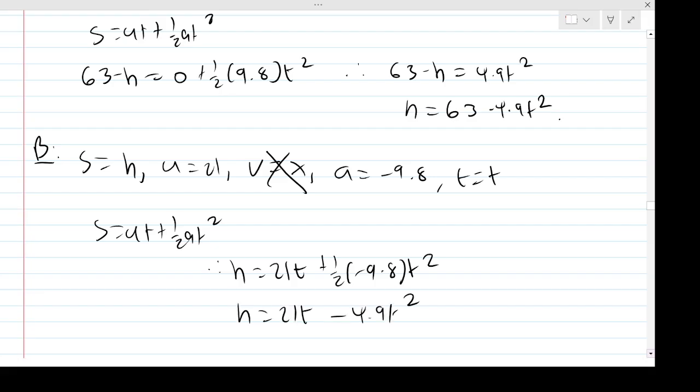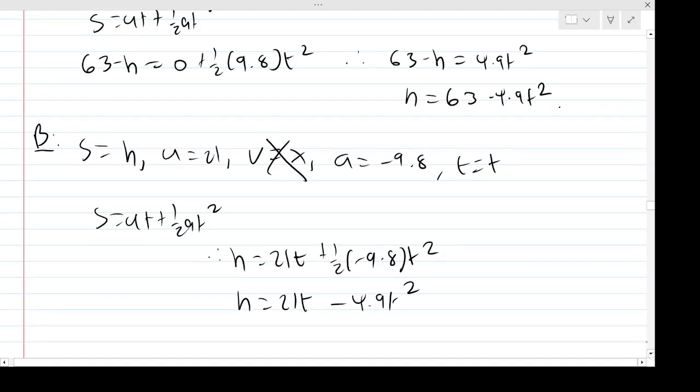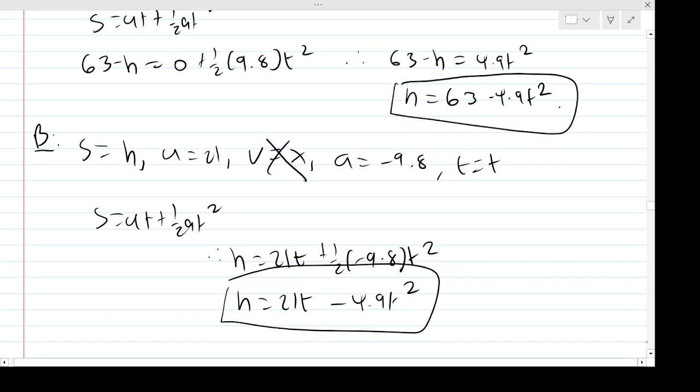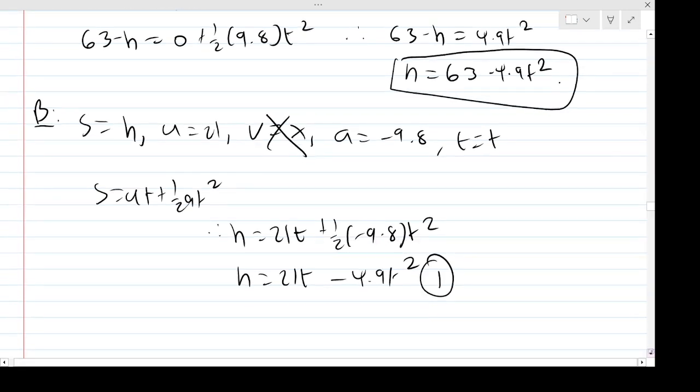And so at this point, we've got simultaneous equations. We've got h here and h here. So I restate this as the first equation, and then h is 63 take away 4.9t squared in the second equation.